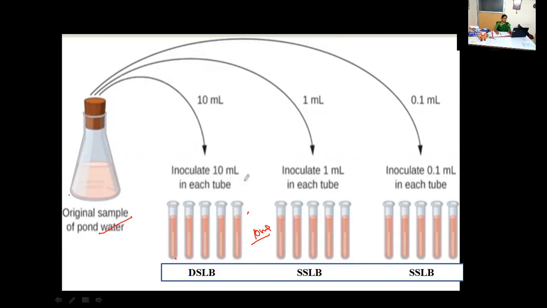To all the test tubes, after sterilization in the aseptic chamber, we added the 10 ml of water sample, right? Then here, for all the test tubes, we added 1 ml of water sample to each test tube. And for all the test tubes, after sterilization, we added 0.1 ml of the water sample.